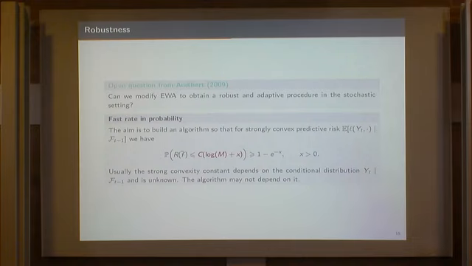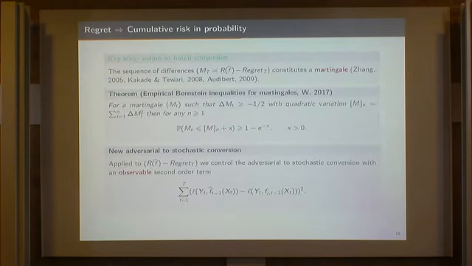And of course, the algorithm may not depend on the convexity constant of the predictive risk because it's unknown. It depends on a conditional distribution that may vary through time.